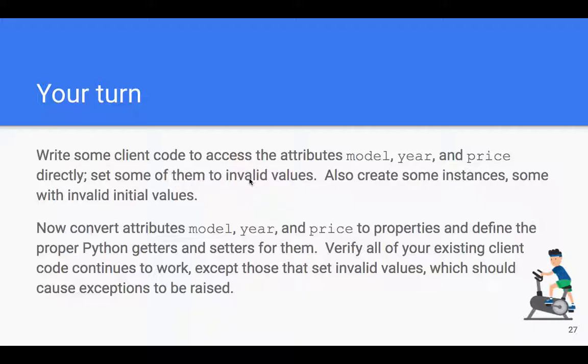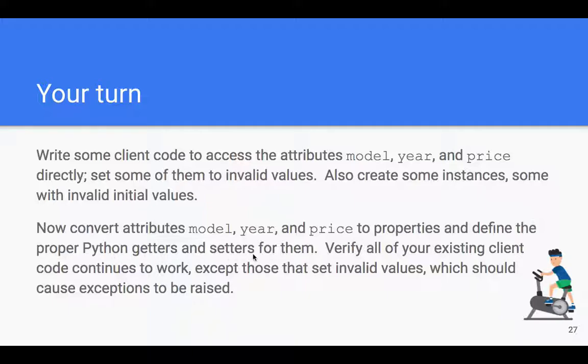And when you do the setter, maybe sometimes you want to set it to an invalid value. And then also you should create some instances, and some of the initial values should probably be invalid. Now you should convert these attributes into properties and define the Python getters and setters for them.